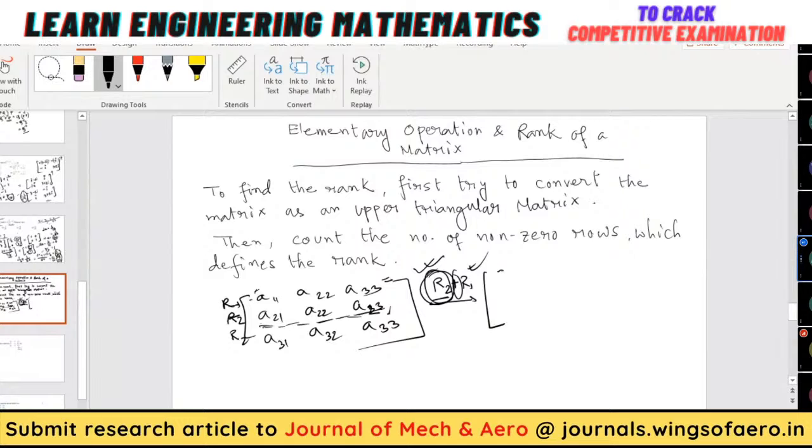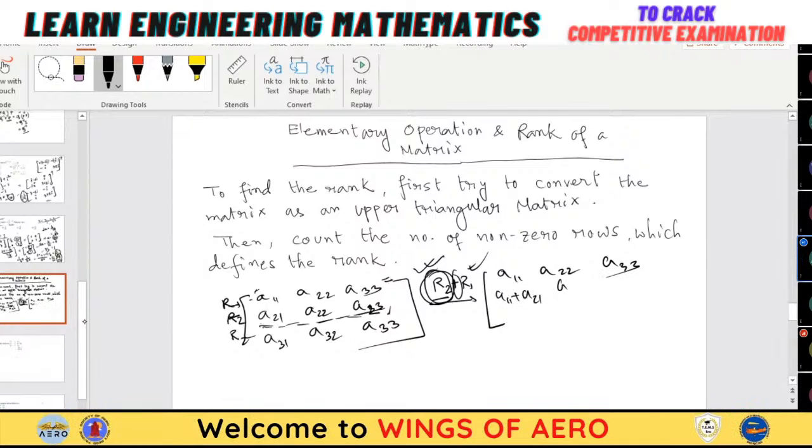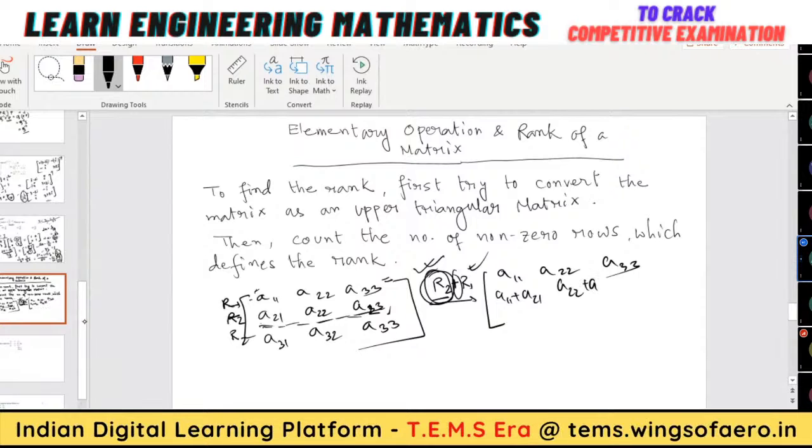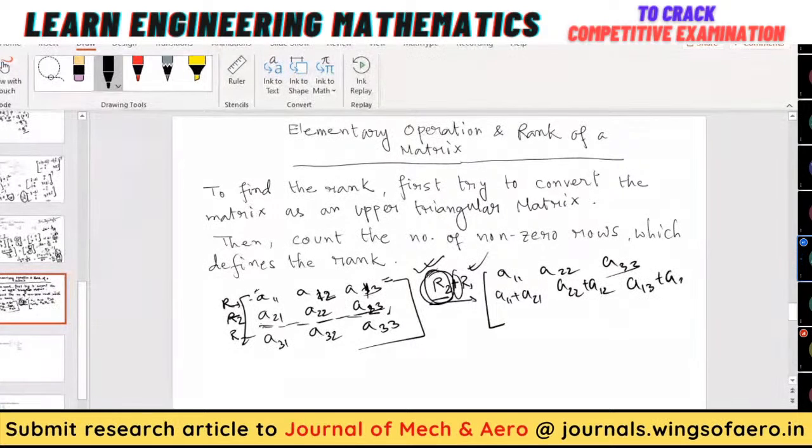So what is the final result? It is A11, A12, A13, then A11 plus A21, A22 plus A12, and A13 plus A23.